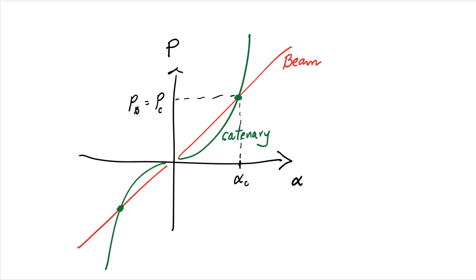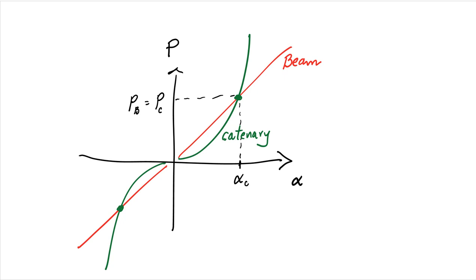But at some point they will meet, and that point we're going to call alpha C. So there is a critical alpha value for which the force in the catenary and the force in the beam are the same. Below that critical value, the deflection in the beam for a given level of load is smaller than the catenary. Beyond that value, the deflection in the catenary is smaller than the one in the beam.